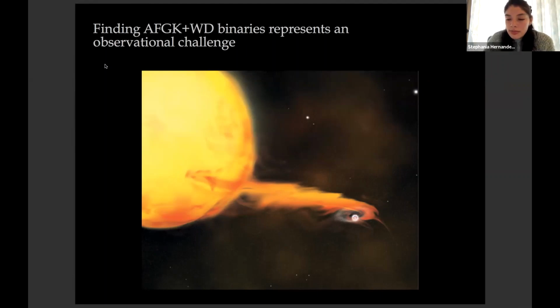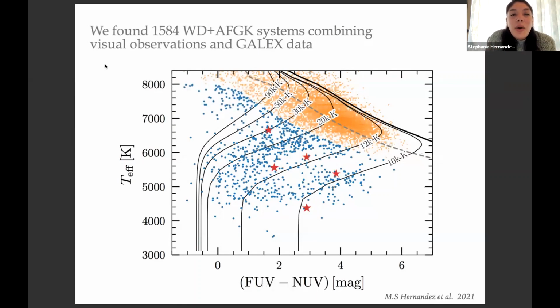We identify over 1,600 white dwarf with AFGK binary candidates. Here we plot the main sequence star temperature versus the UV axis.